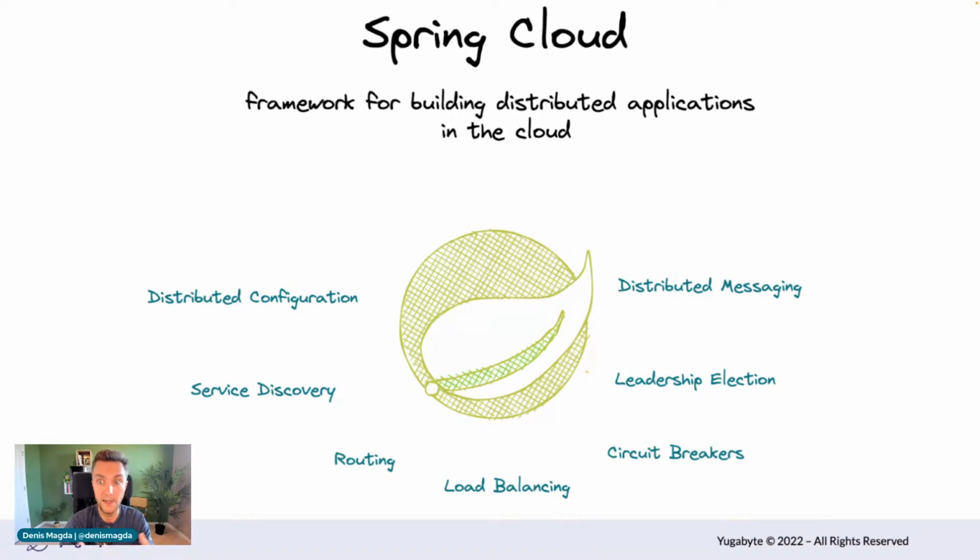For instance, to list a few of the components of Spring Cloud, you have distributed configuration that can serve configuration for a particular application instance depending on its origin. Also, if your application is split into multiple microservices, then you can use service discovery so that each service can talk to each other really easily.